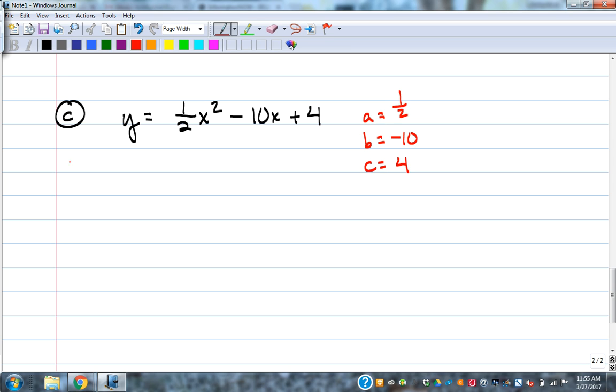Okay, so we got A, B, and C. We've identified those. Axis of symmetry. -B divided by 2A. So it turns it to +10.